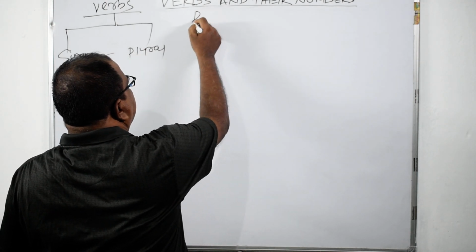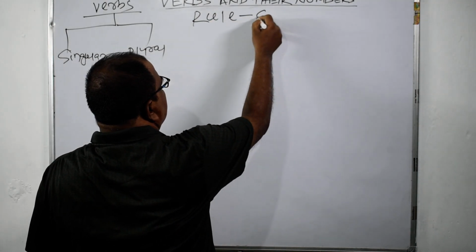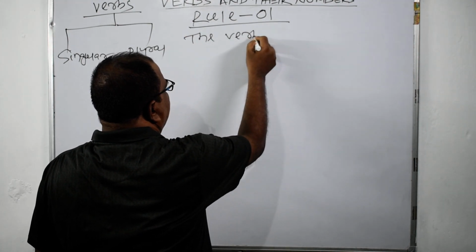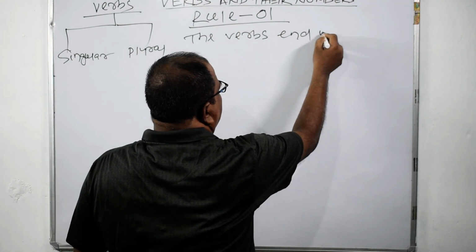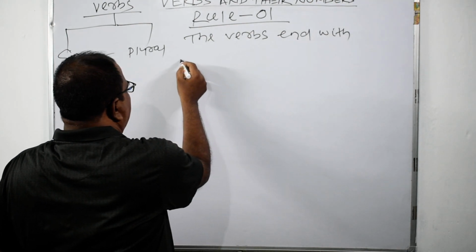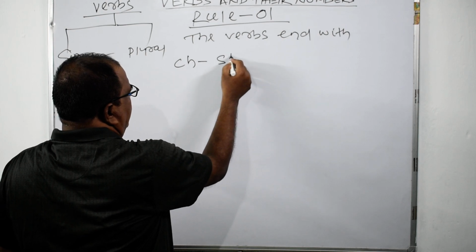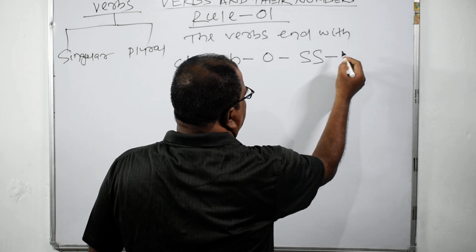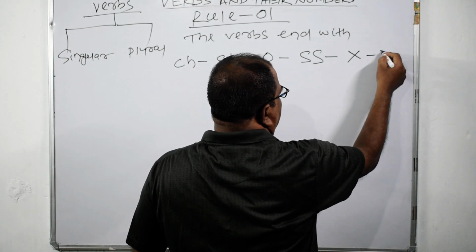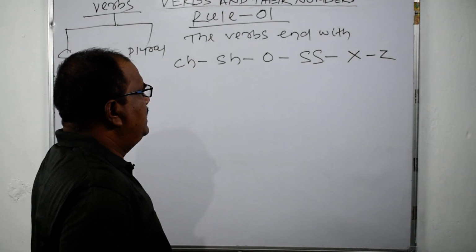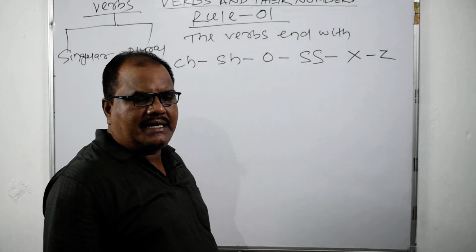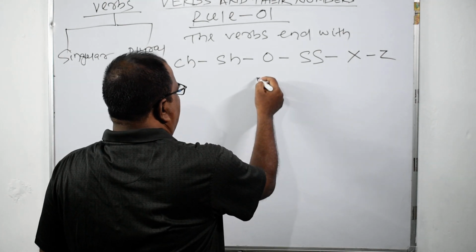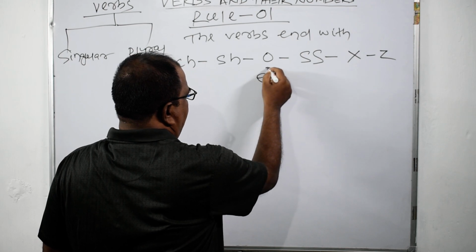Rule number 1. The verbs that end with CH, SH, O, SS, X, Z take their singular form by adding ES.